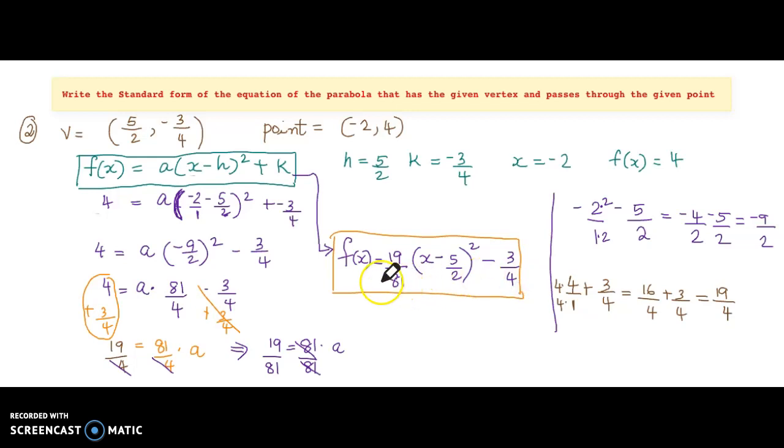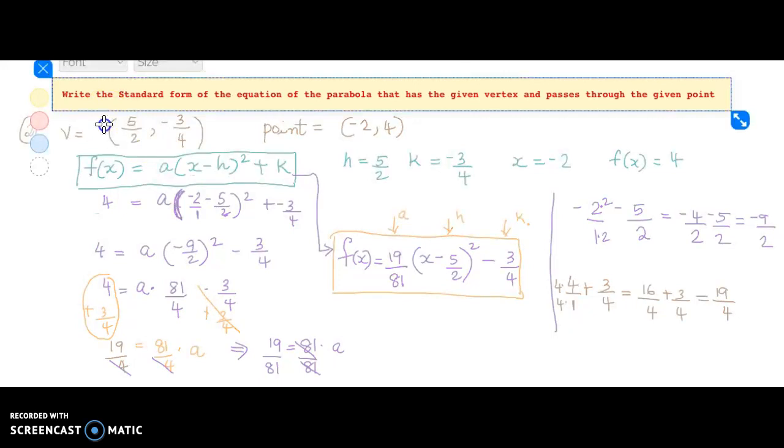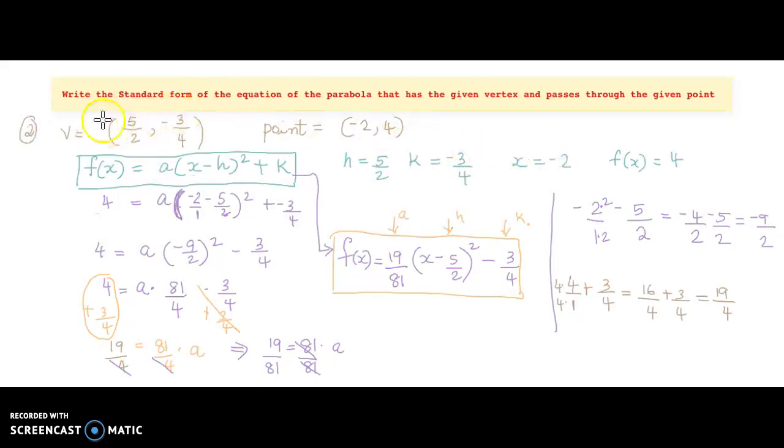Okay, so remember, when we are solving this problem, the first thing we need to find out is, when we write in vertex form, we need to know a, we need to know h, we need to know k. They gave us h and they gave us k.